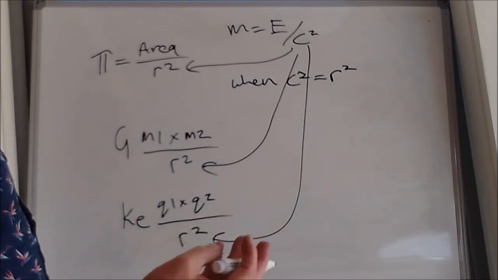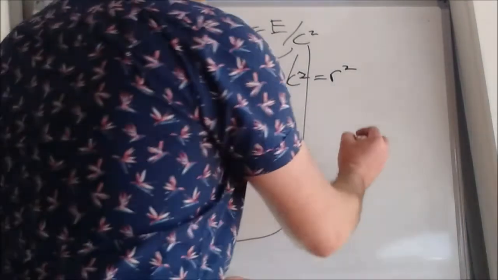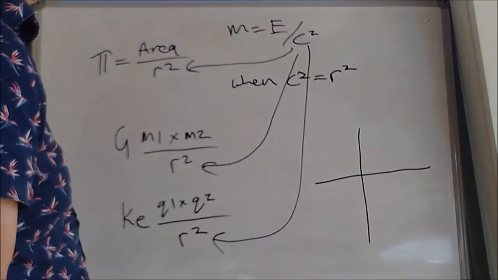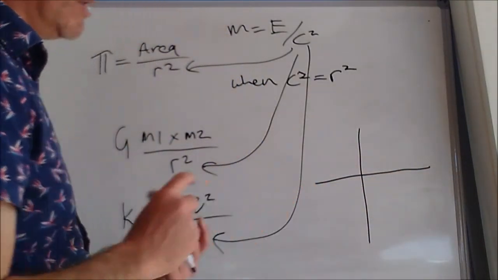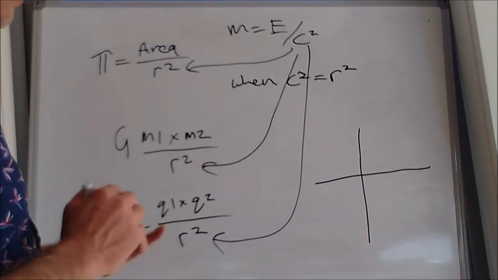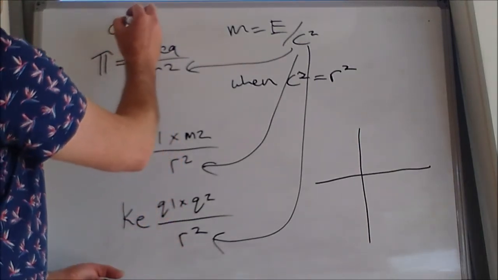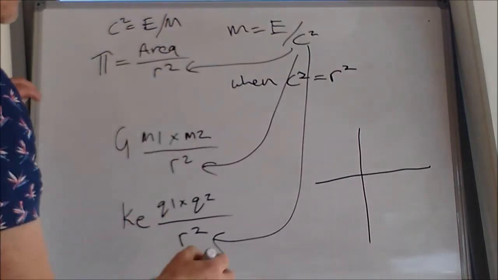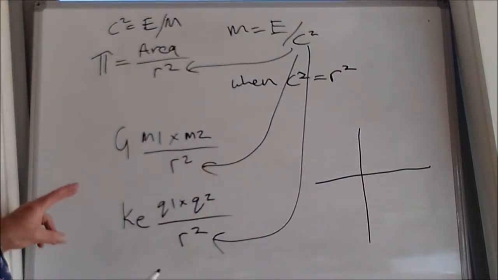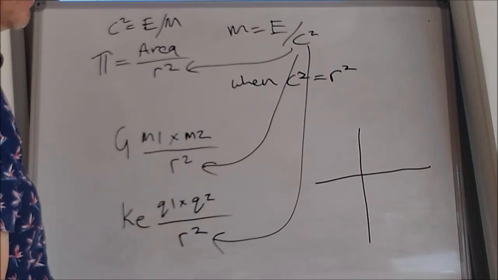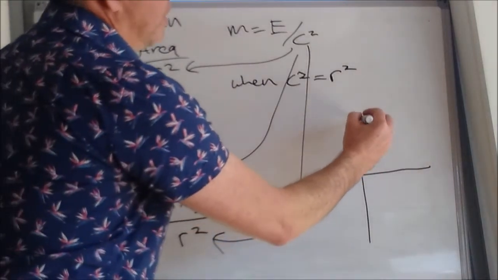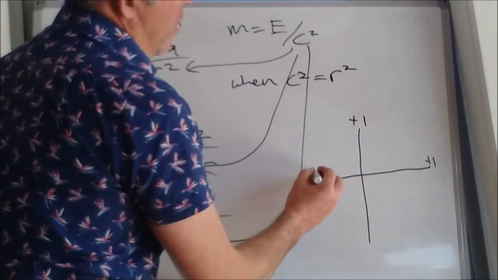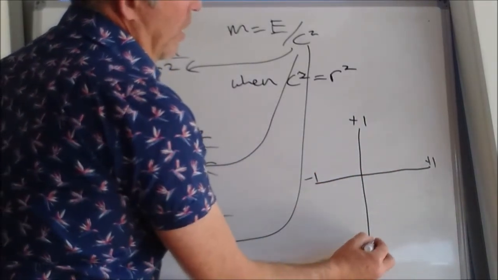So going back to the geometry of rise over run, where we saw the XYZ coordinates of c squared equals E divided by M, well, you can also substitute plus and negative, right? So this can be +1, +1, -1, -1.